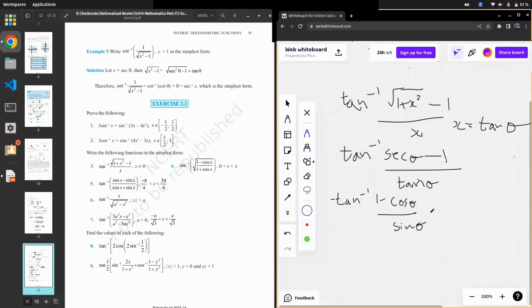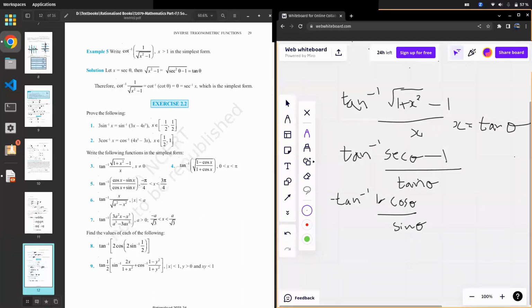So here we can write sin theta and cos theta in terms of sin theta by 2 and cos theta by 2. If you remember, sin theta is equal to 2 sin theta by 2 into cos theta by 2. And also cos theta is equal to 1 minus 2 sin square theta by 2, which is also equal to 2 cos square theta by 2 minus 1.